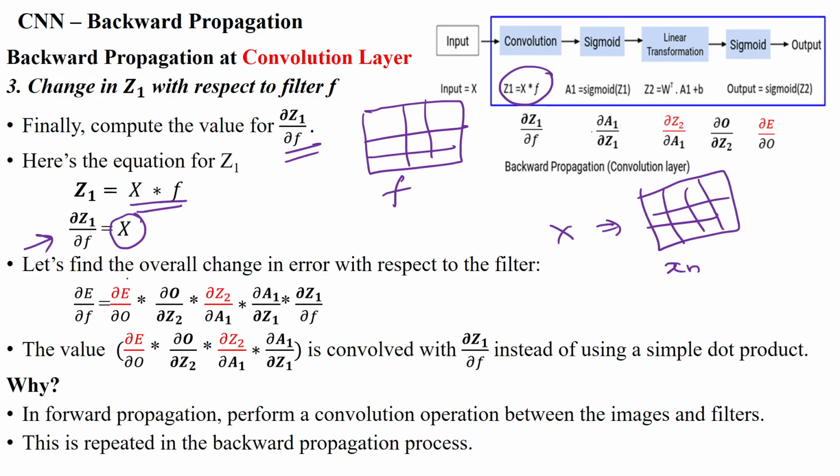Then you have to substitute all the error values here with respect to all the parameters. Finally you get the updated parameter values, the updated filter values. Then you have to change all the filter values here.